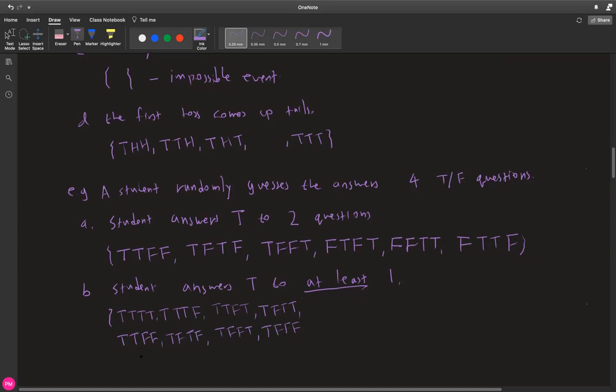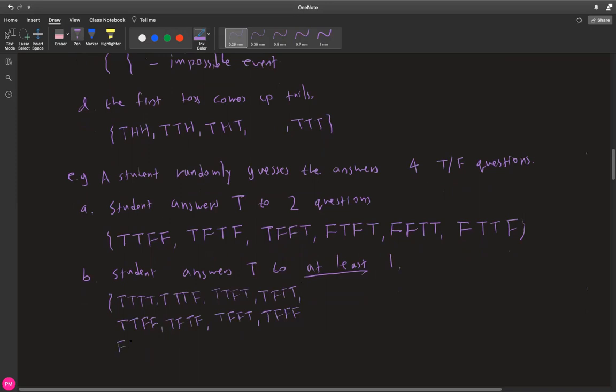And we can have false, true, true, true. False, true, true, false. False, true, false, true. False, true, false, false.